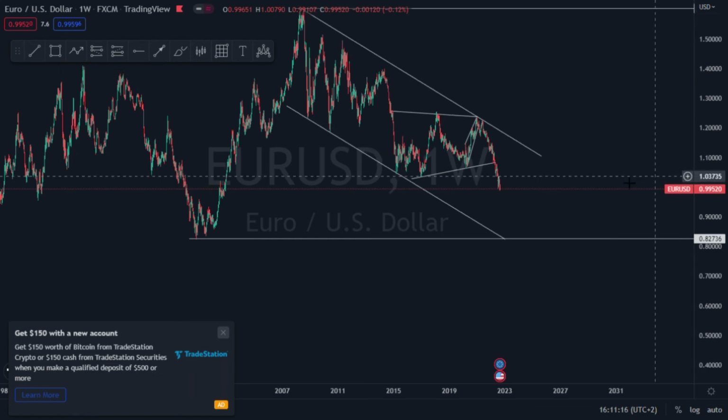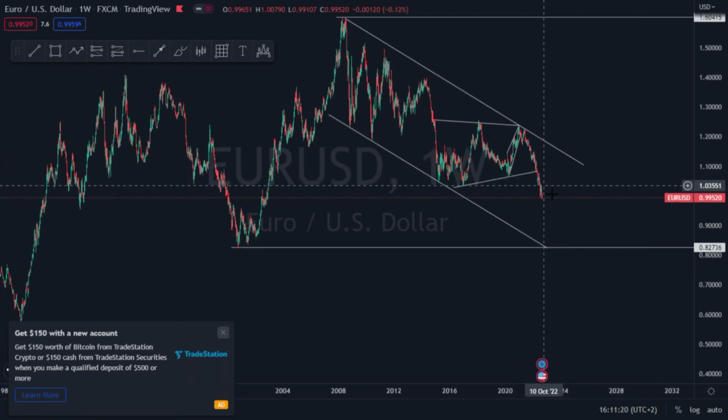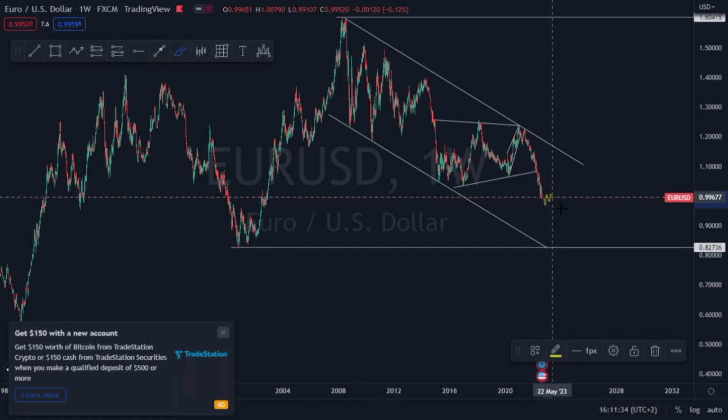So the market will just have to continue pushing to the downside, or from this level we can start seeing the market creating some sort of continuation pattern, and then continue pushing to the downside until we reach that level.